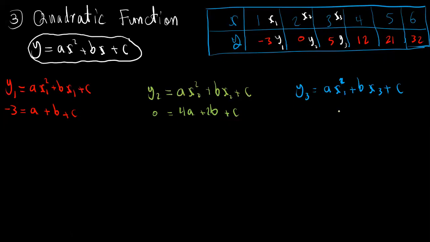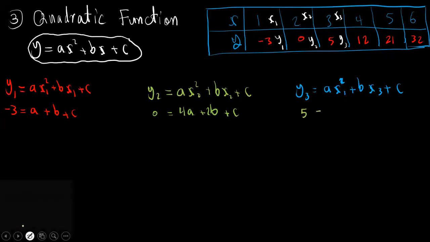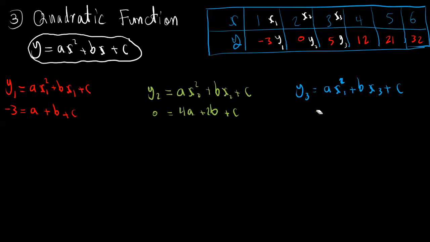Okay, now we will get y3. y3 is 5, yes, 5 here, equals a, x3 is 3, so 3 power 2 is 9, 9a, plus 3b plus c.